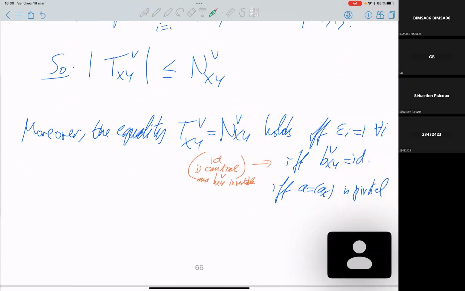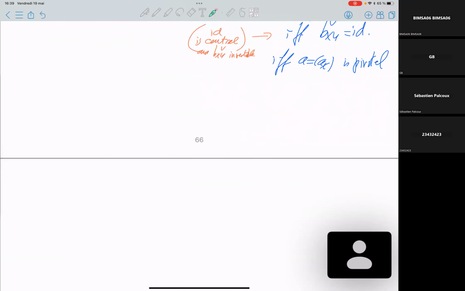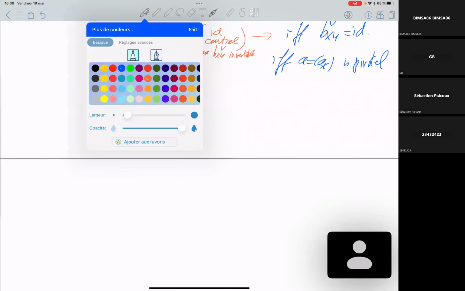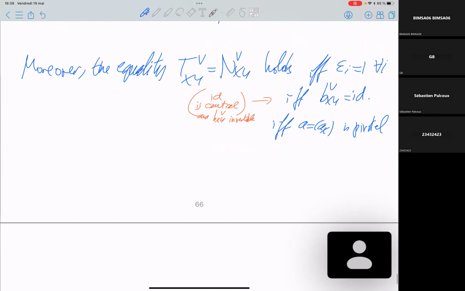Okay, so now we are not yet done, we are not yet ready to come to the pseudo-unitary case. So let d_X be the trace of A_X.